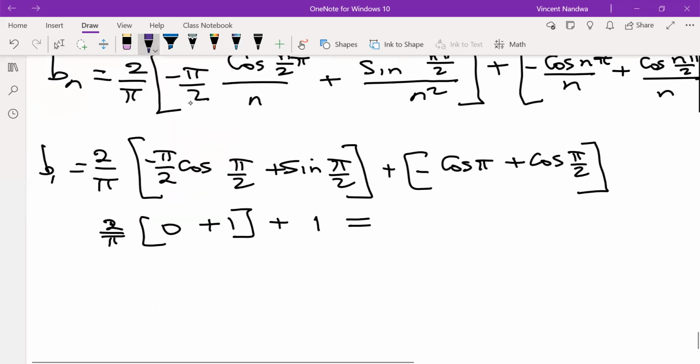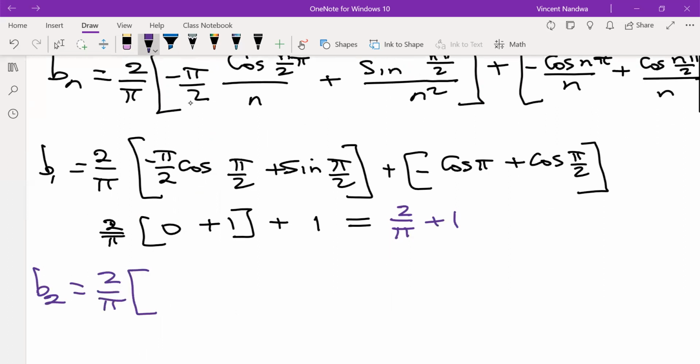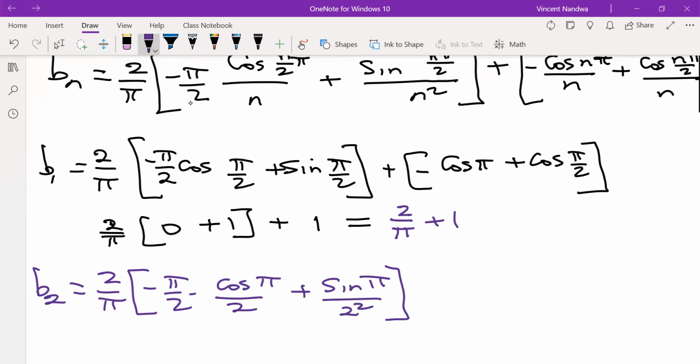Now we can also get B2. When n is 2, B2 is 2 over pi times minus pi over 2 times cosine of pi over 2 plus sine of pi divided by 2 squared, plus minus cosine of 2 pi divided by 2 plus cosine of pi divided by 2.